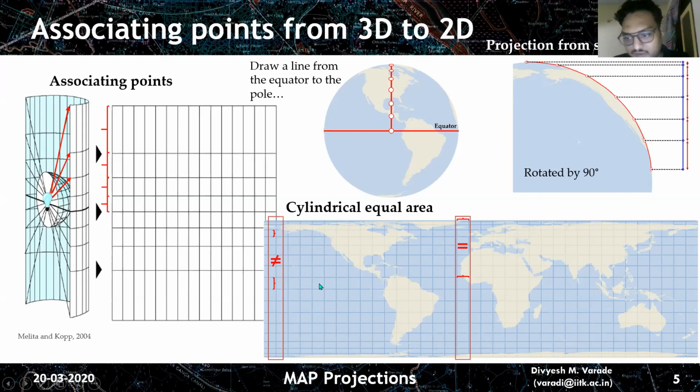However, is this a good thing? No, because on the reference globe, all of these meridians converge on the North Pole and the South Pole. But in this equal area or cylindrical projection, these meridians are always parallel. So this indicates that everything around or near the poles is always distorted.